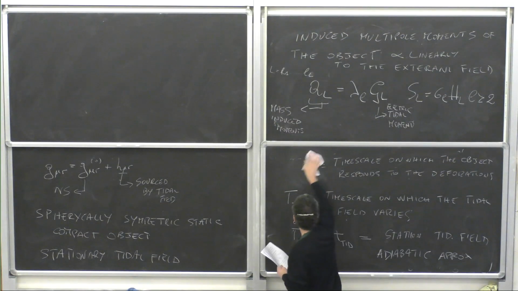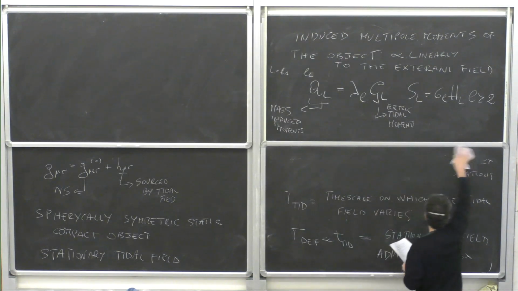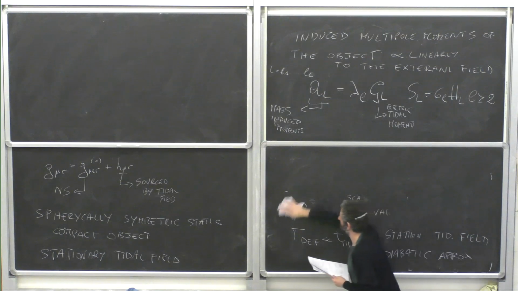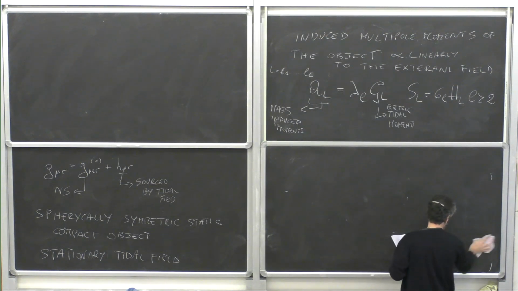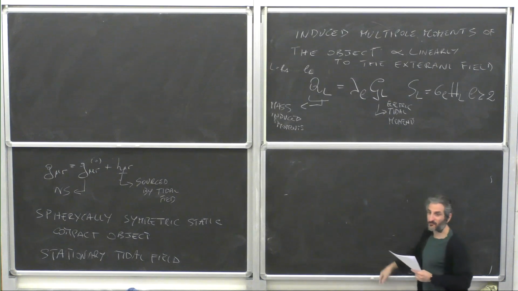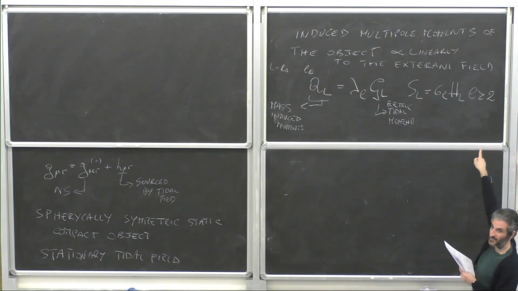I know that it can be a bit confusing at the beginning, but there's nothing particularly fancy. So there will be different multipole moments given in terms of an index that I'm calling L.